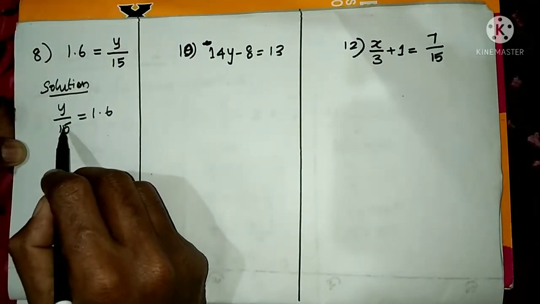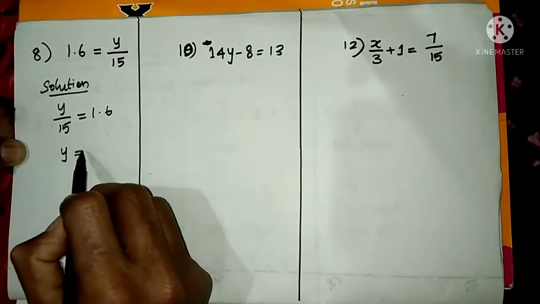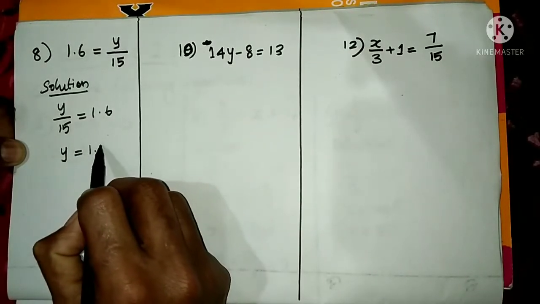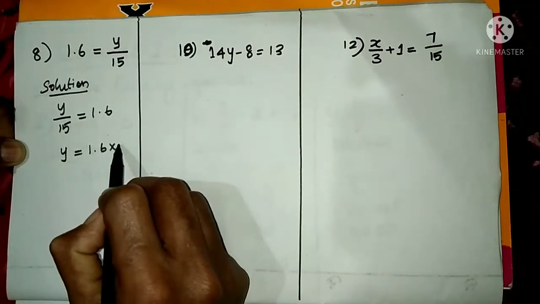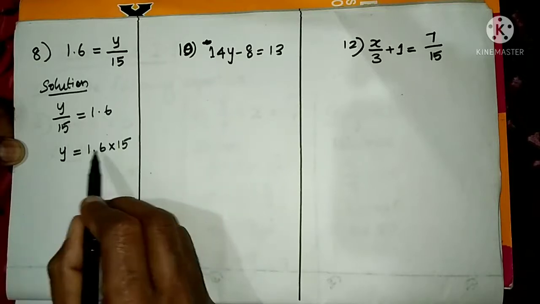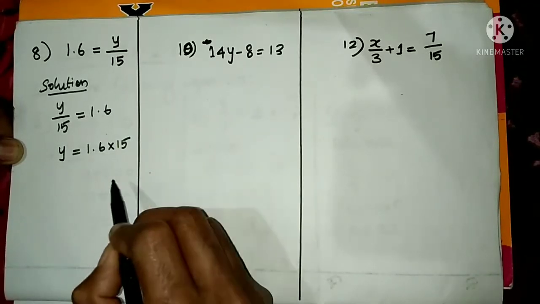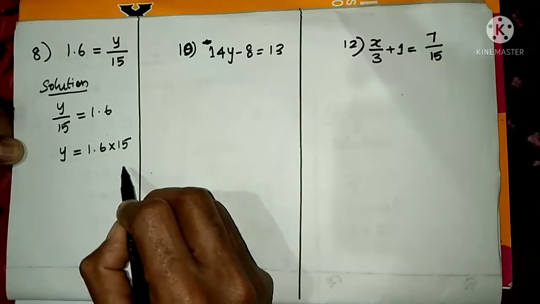Now we can send this 15 to the right side. So 1.6 times 15. These two numbers we can multiply, 15 and 16, and we can write the answer.